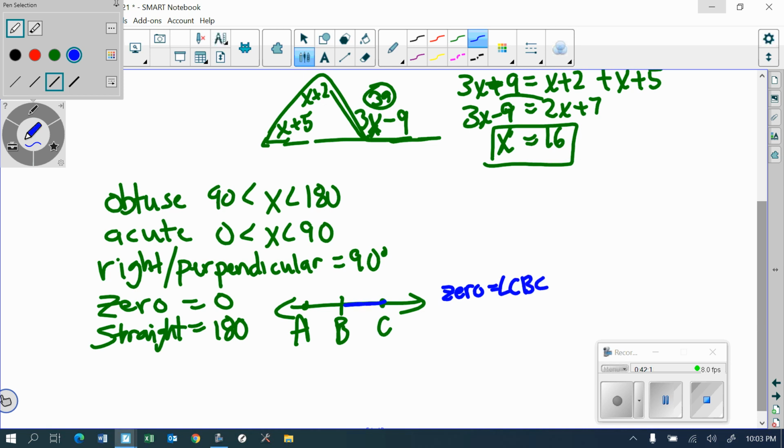It goes in and comes right back out. Or I could use it from the other side, angle ABA. Versus a straight angle, which goes straight across to the other side. That would be angle ABC or angle CBA. Make sure again they're all capital letters, no lowercase. All right, so there's your main types of angles right there.